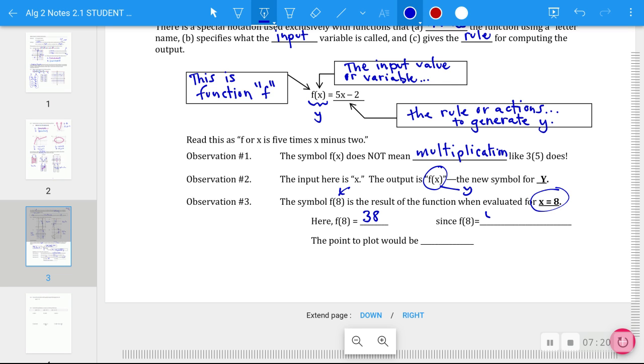We're going to say 5 times 8 minus 2, which is 40 minus 2, and that would be 38. So you'd be plotting a point where the input was 8 and the output was 38, and that would be 8 units to the right of the origin and then 38 units up. So this takes us through page 3 of the notes, and we'll pick up on the other side.